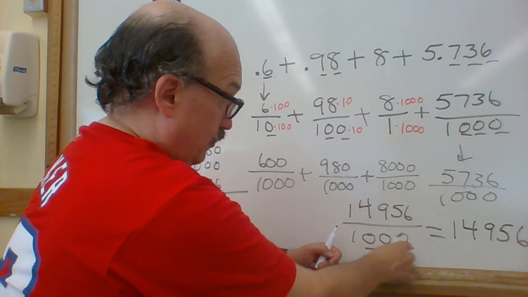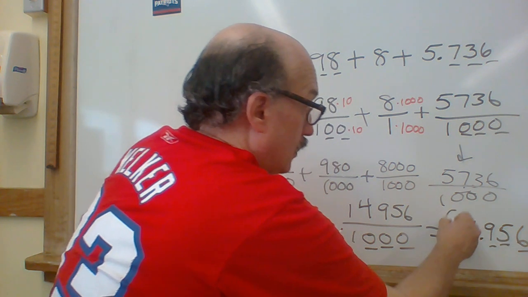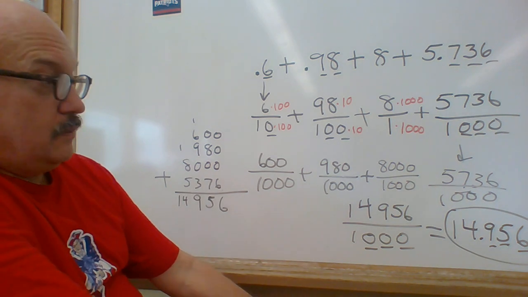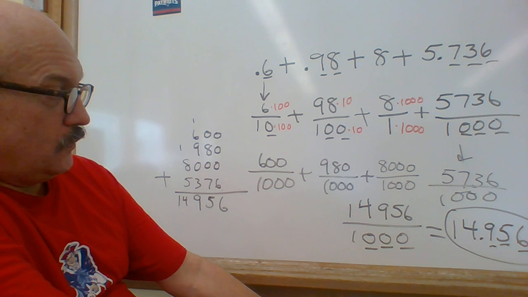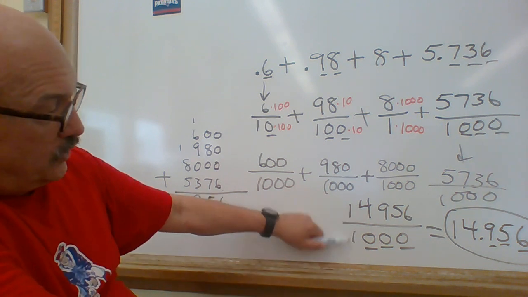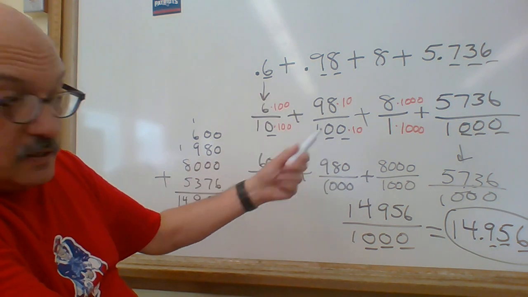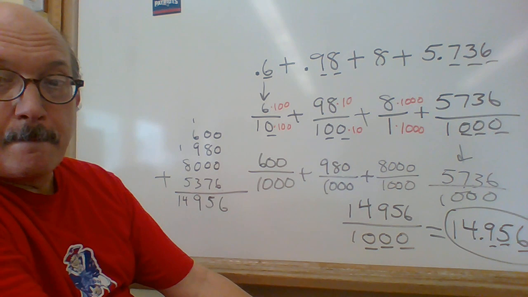And then we have 3 zeros here, so we have to have 3 digits to the right of the decimal point. So in decimal form, our answer is 14.956, or 14 and 956 thousandths. We really just took this improper fraction and rewrote it as 14 and 956 thousandths, except in decimal form.